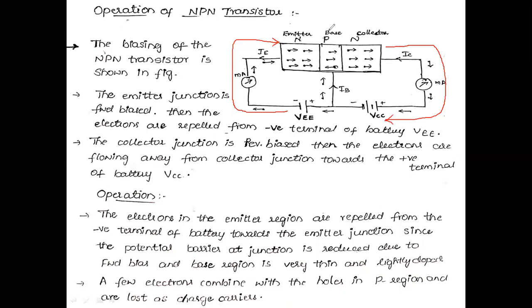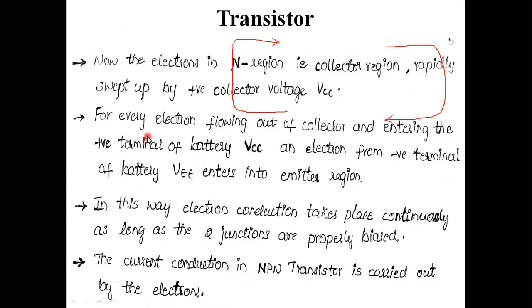Like that, this process keeps on repeating. That point is given here: for every electron flowing out of the collector and entering the positive terminal of battery VCC, an electron from the negative terminal of battery VEE enters into the emitter region. In this way, electron conduction takes place continuously.